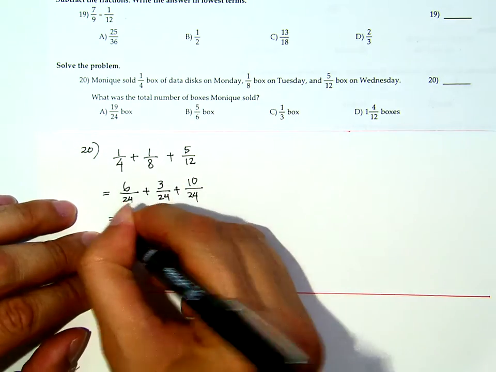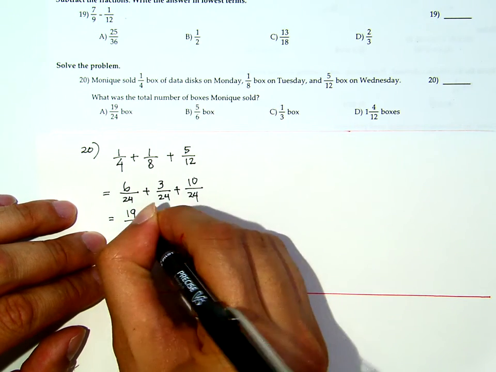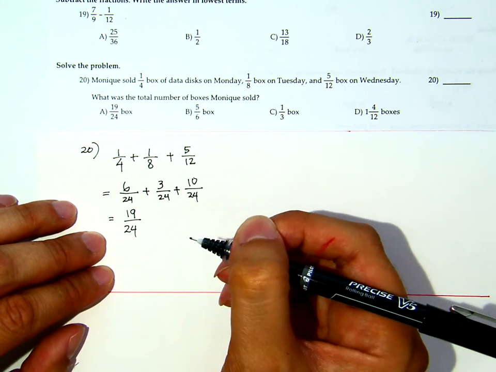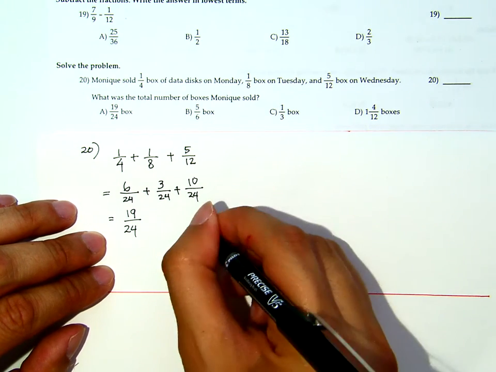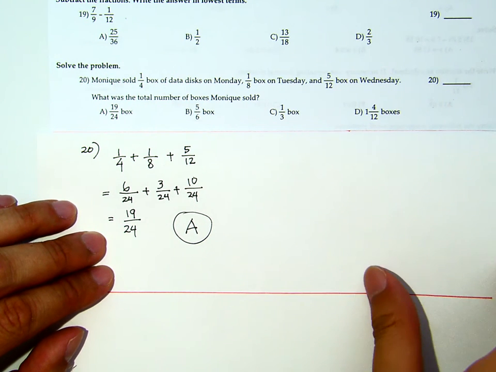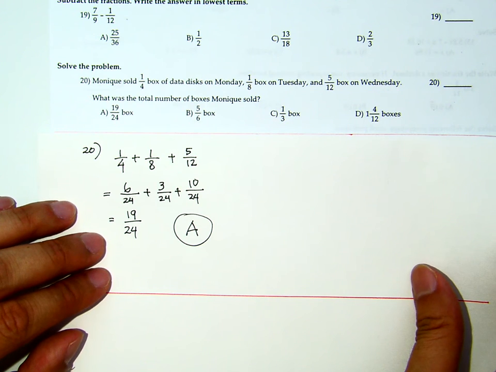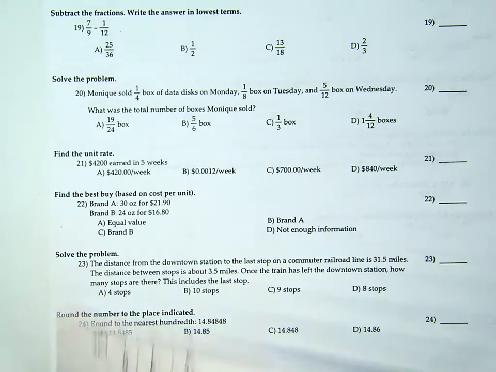Next, I add: 6 plus 3 plus 10 is 19 over 24, and I think we cannot simplify further. Therefore, the answer is A. To add fractions we need the LCD, and that's what we did. That's for number 20. Let's see number 21.